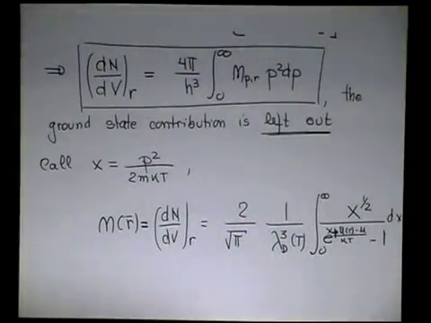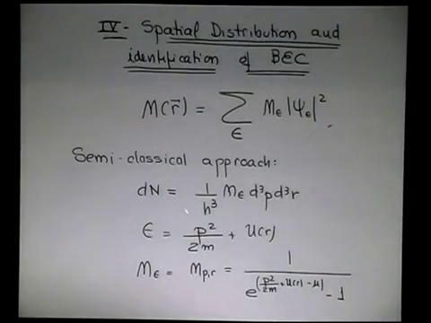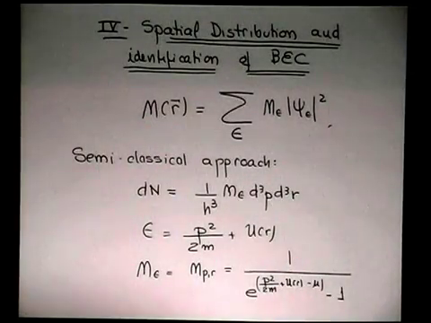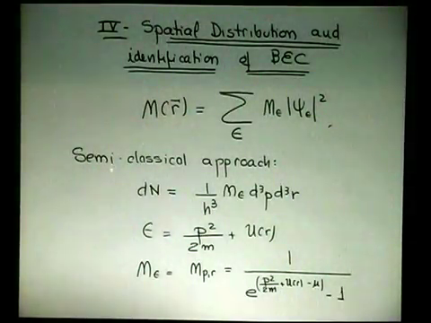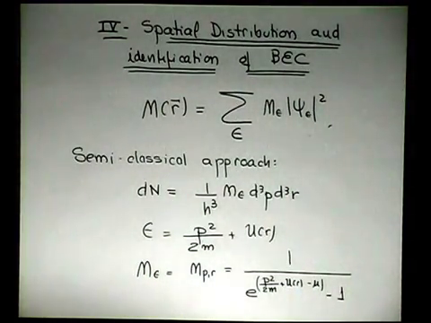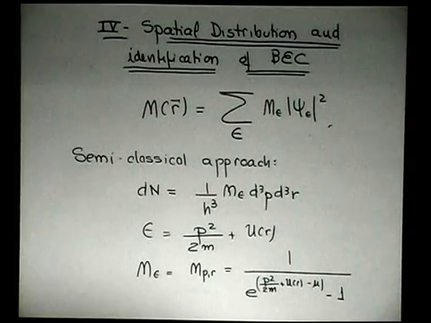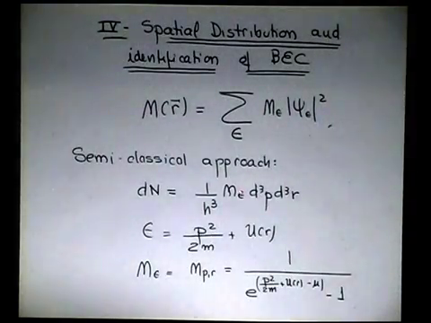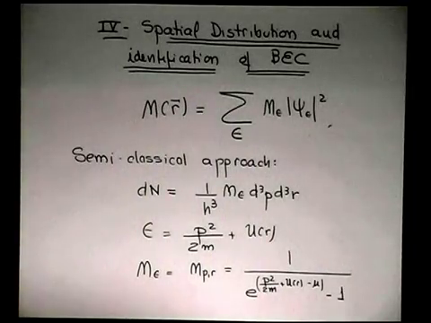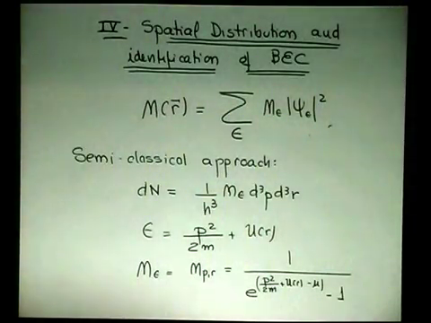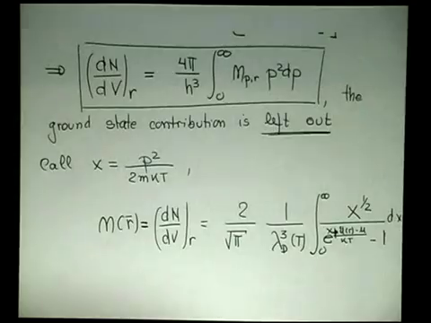If I go to phase space, the number of particles in some states is given by this term. If I divide by the volume, I have just the density. I have the contribution to the density due to one energy or one momentum. If I sum over all possible momenta or energies, which means this integral, I calculate the spatial distribution of atoms in any potential.